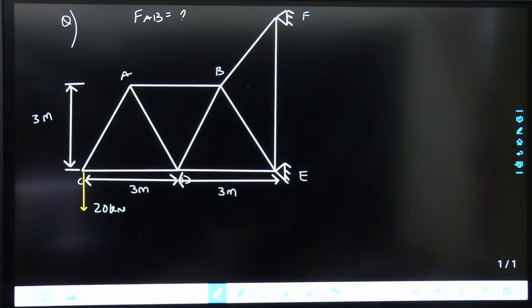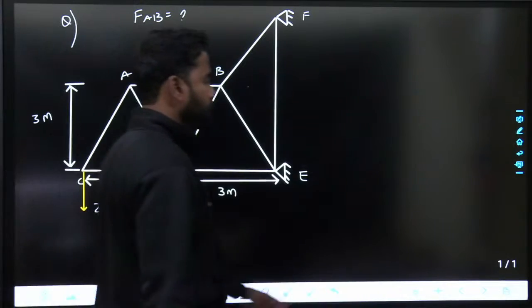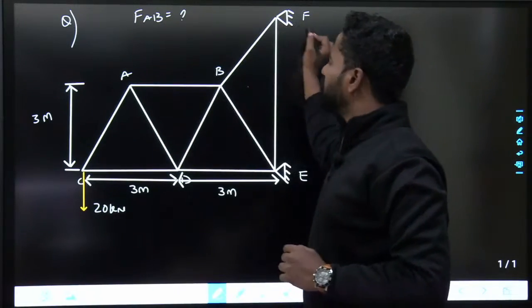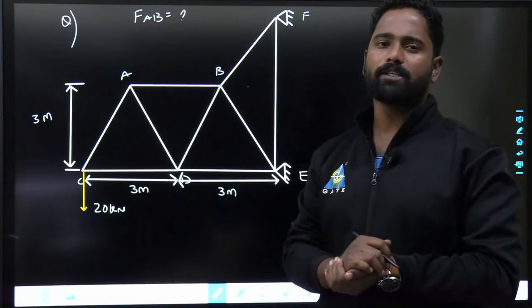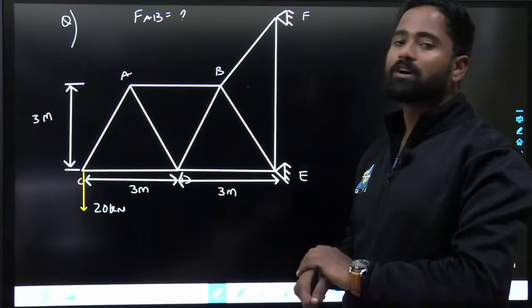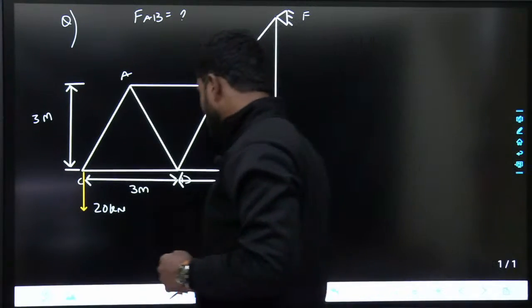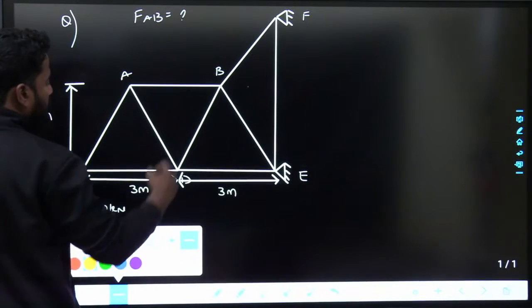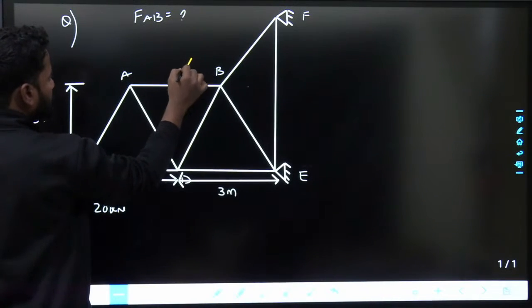So how are you going to solve these types of questions? This is the method of sections. First, you have to find out the support reactions, and then you have to cut in such a way that not more than 3 members are cut.